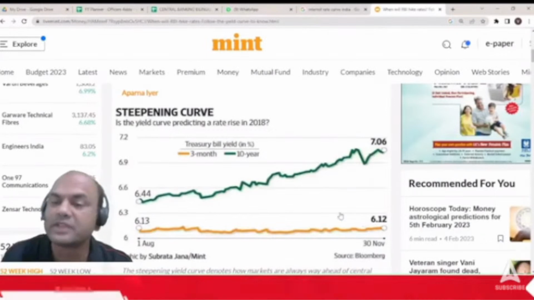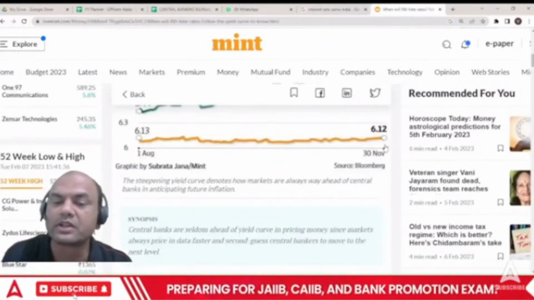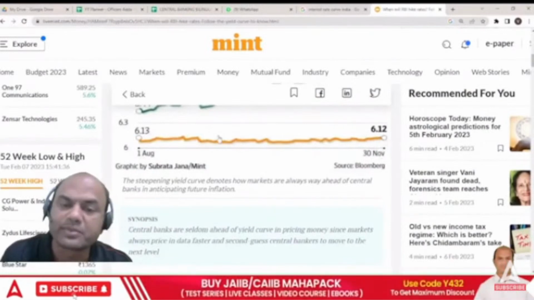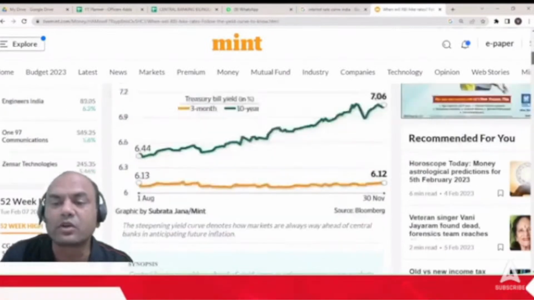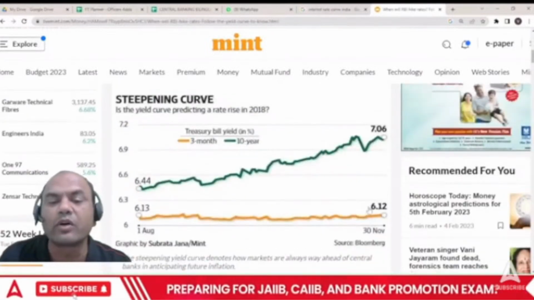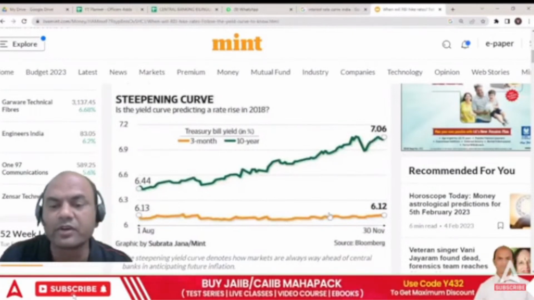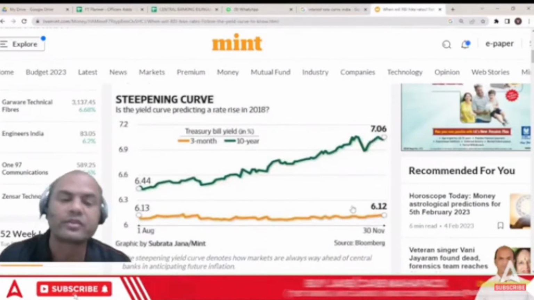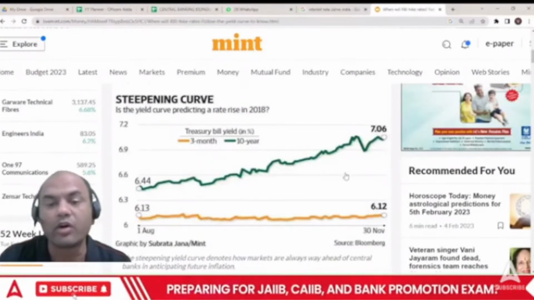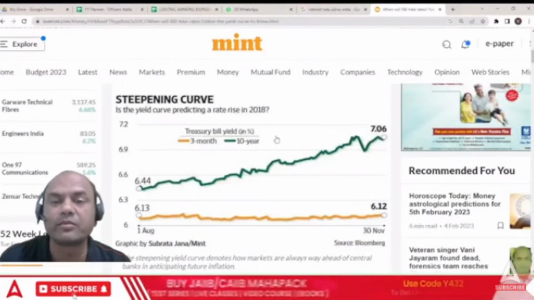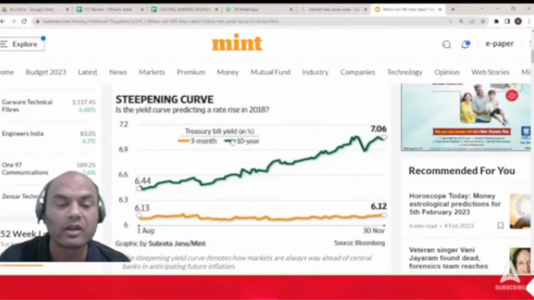And during this period last year, December 22, the growth percentage was almost nil for all the countries. That's why the yield curve became flat, isn't it? So always remember, the yield curve will give you the right picture of whether the country will be progressing and growing at a higher rate or not.